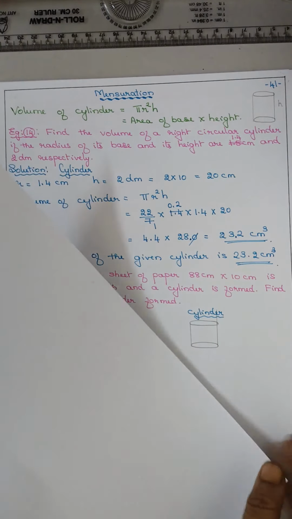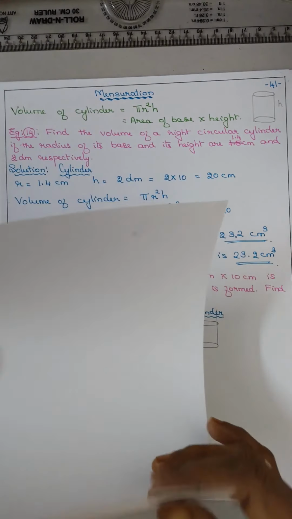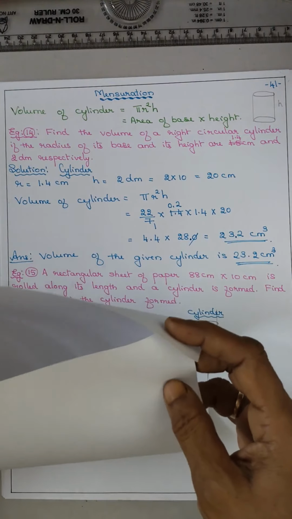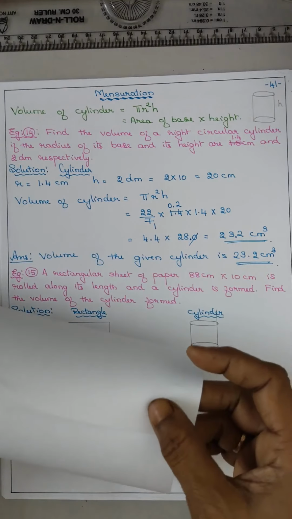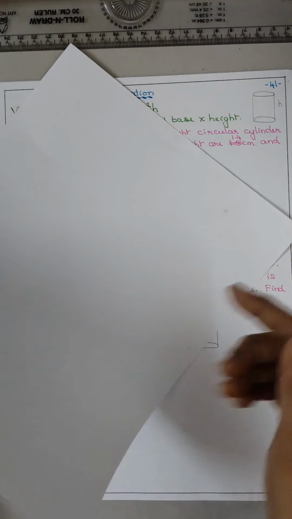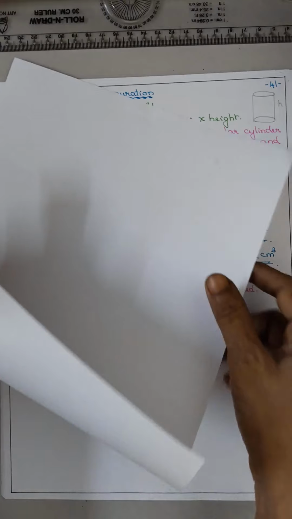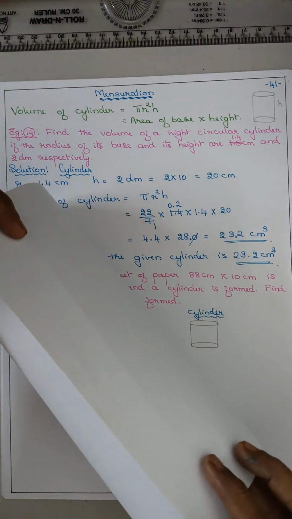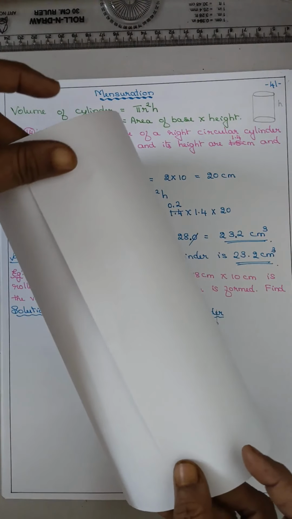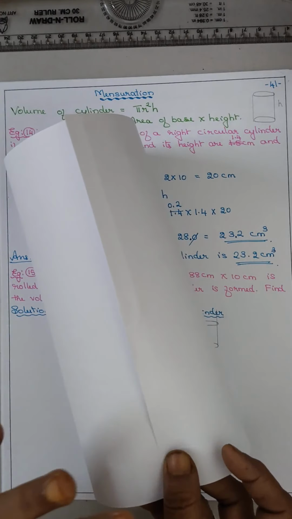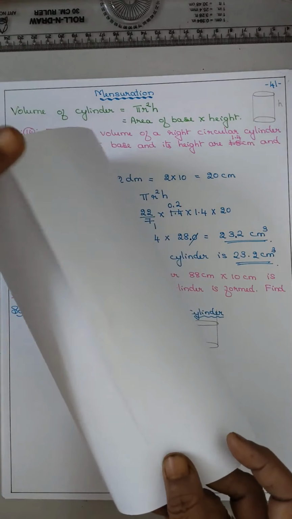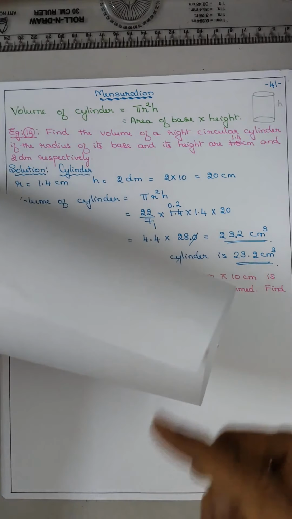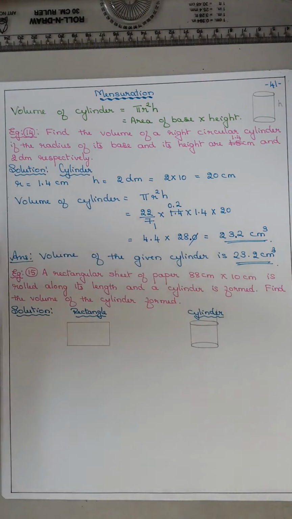This is a rectangle paper, so when you roll it along the length, this is the length, this is the breadth, so when you roll it will be the cylinder. You got the cylinder. So the breadth becomes the height and the length becomes the circumference. You have to remember this.